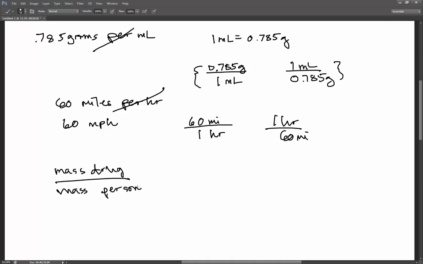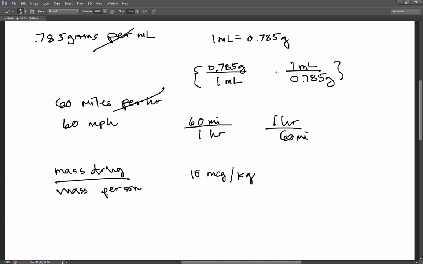And that way they can give a drug dosage that works for everybody, regardless of how big they are, because then you can factor in the mass of the person when you're doing your dimensional analysis. So for example, we might have a dosing protocol of 10 micrograms of drug per kilogram of patient, and they're just going to express that as 10 micrograms per kilogram.